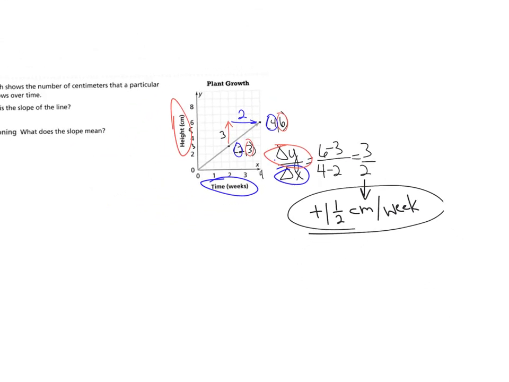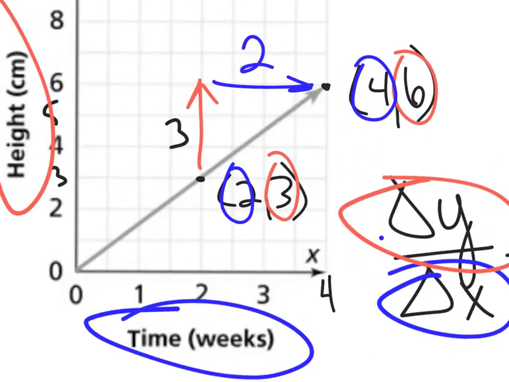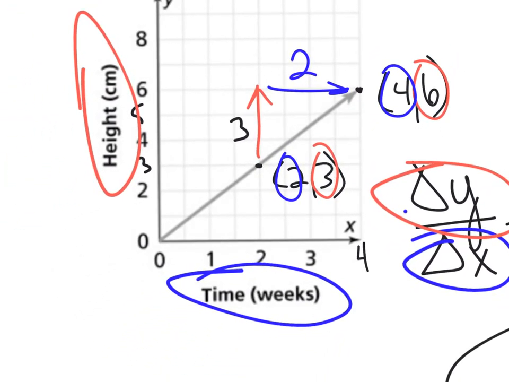Okay, now one other thing to mention to you guys, since this went through 0, 0, we won't always get this case, but if you do, remember if it goes through 0, 0 and if it's a straight line, it's proportional. If it's proportional, we can look for our unit rate point. In other words, at 1 week, how tall is it?